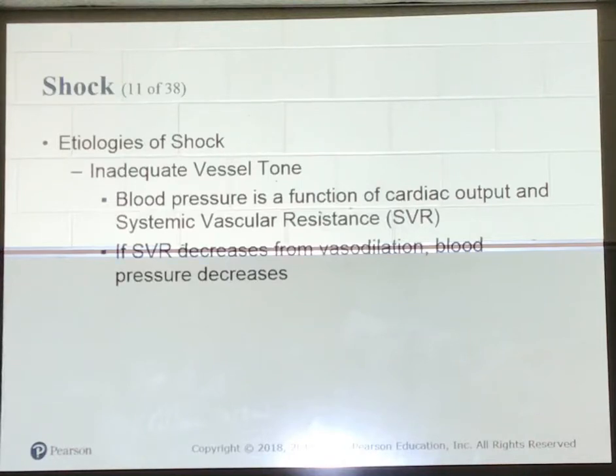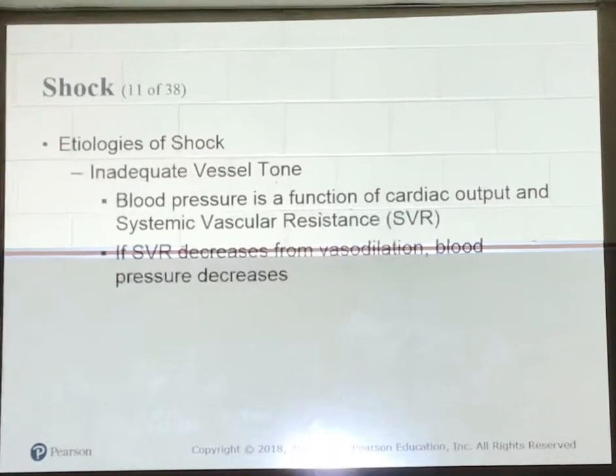They do not have this tone in their blood vessels anymore, okay? If the vessel size increases because of massive vasodilation, the resistance decreases. And the blood pressure and perfusion also decrease. It's got to have something to pump against, all right? It's a very delicate balance.